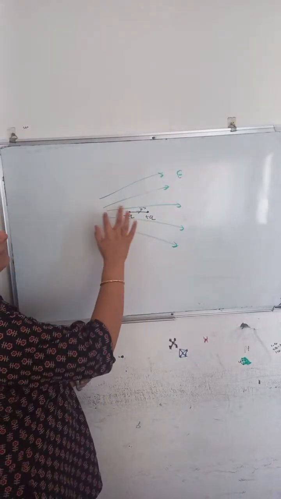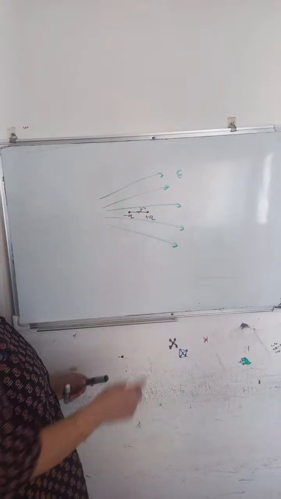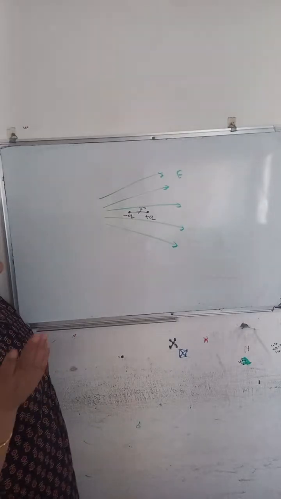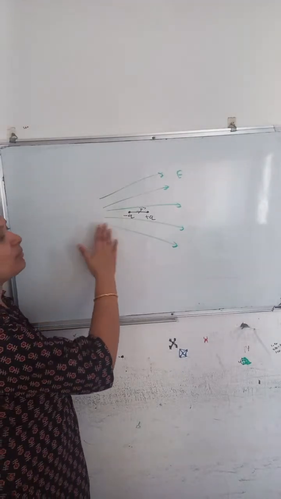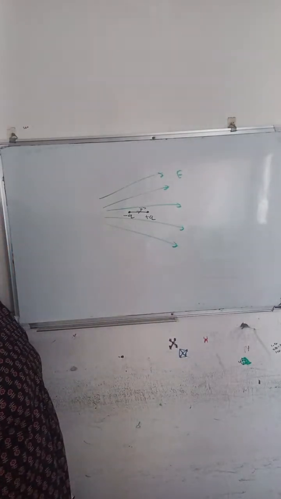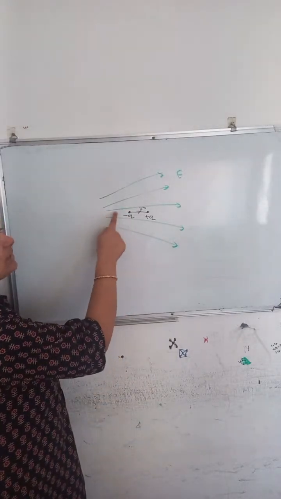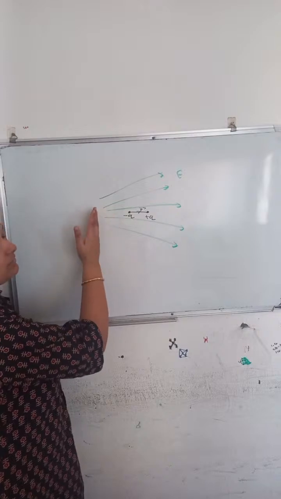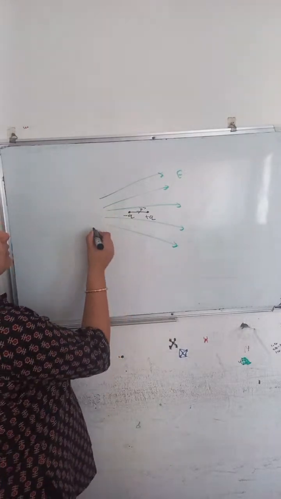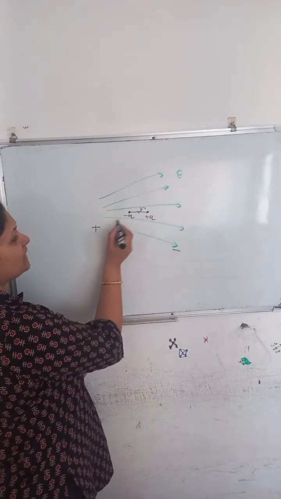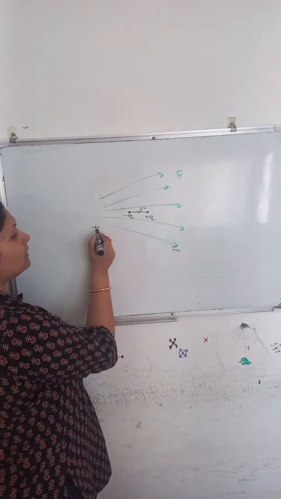So now I kept one dipole here, minus q, plus q. We know that electric field lines travel from positive to negative. So this minus q is attracted towards the right side, because here we have the positive electric field direction. So this negative charge is attracted towards the positive.